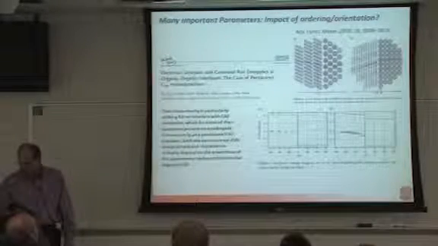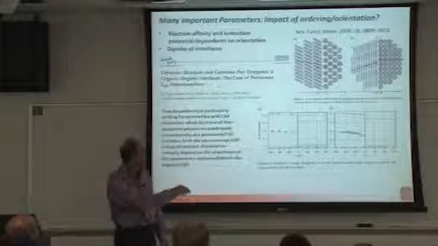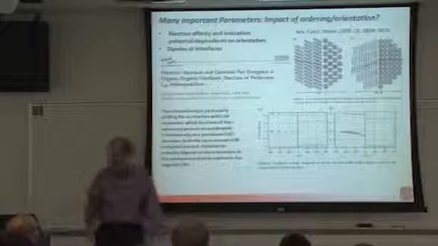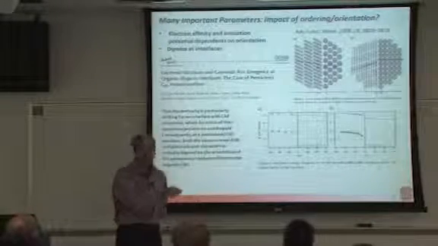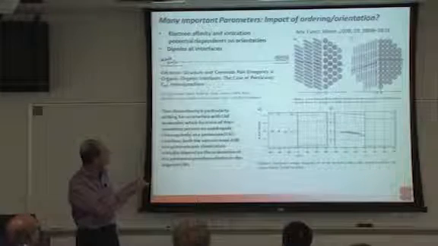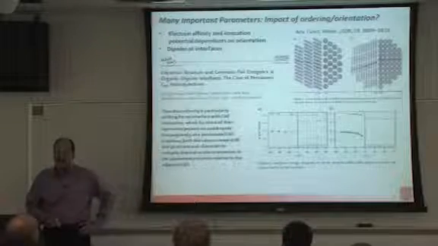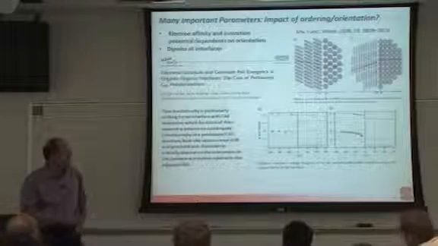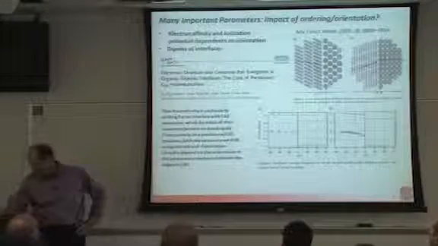Some other calculations also showed that even in these materials you would expect a dipole at the interface, and that gives you band bending, and it changes the electron affinity and all those things, again as a function of orientation of the material. I think this was pentacene C60. So depending on how the pentacene is organized, you change the electron affinity and ionization potential, and that changes the electronic structure at the interface.